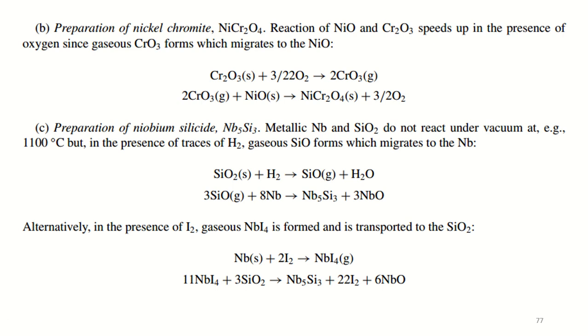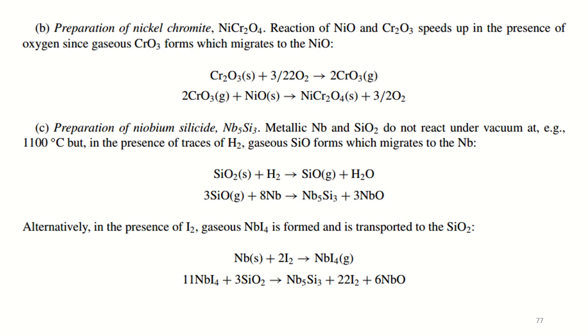The C is the preparation of niobium silicide, Nb5Si3. For the synthesis of niobium silicide, metallic niobium and silicon dioxide SiO2 do not react under vacuum, for example at about 1100 degrees Celsius, but in the presence of hydrogen, gaseous silicon oxide forms, which migrates to niobium Nb.